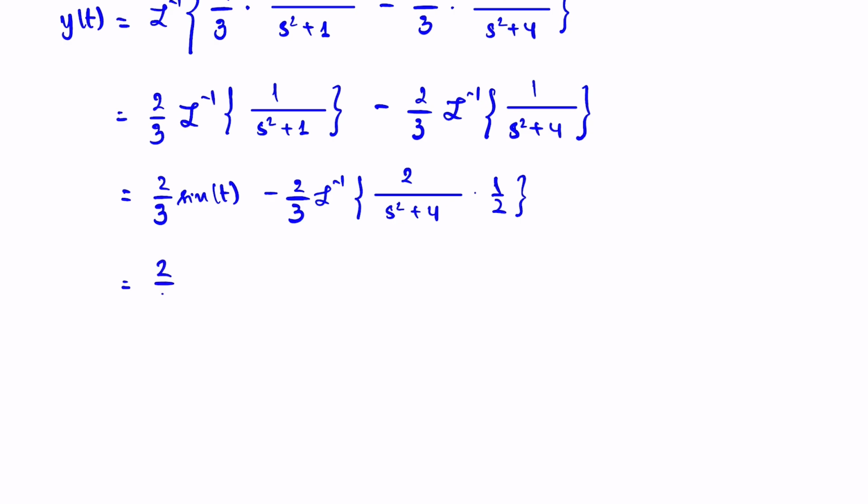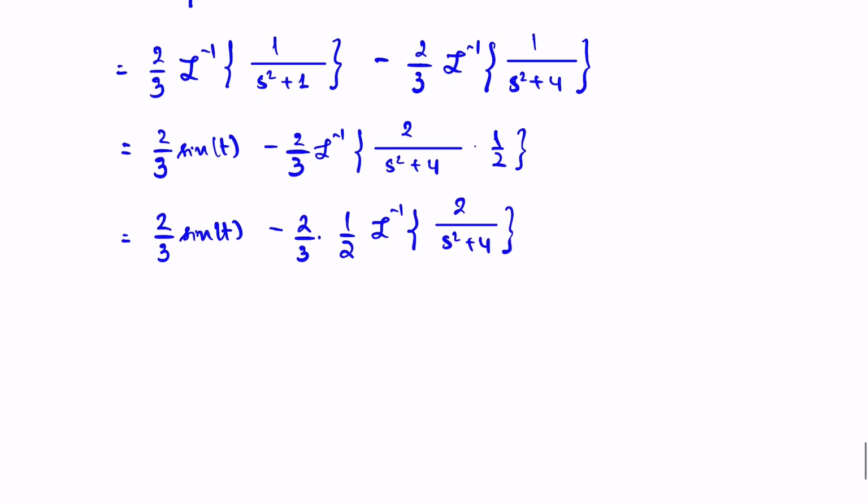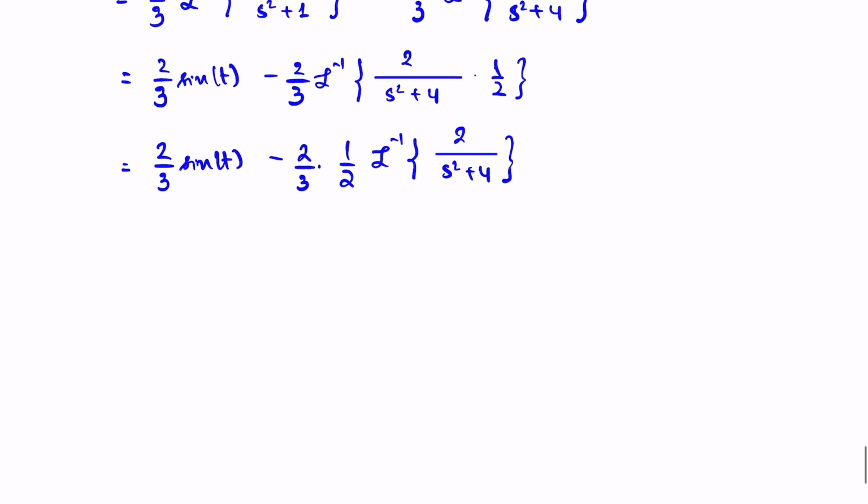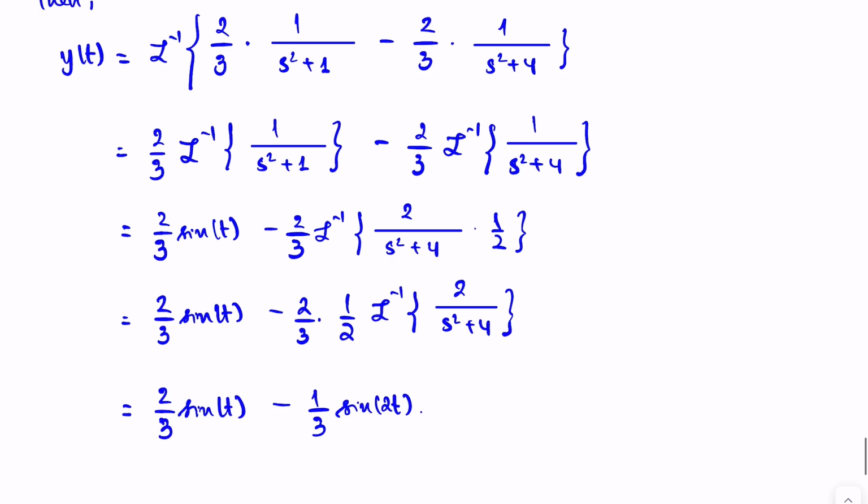And you get 2/3 times psi of t minus 2/3 times 1/2 times the inverse Laplace transform of 2 over (s squared plus 4). And 2/3 times 1/2 is 1/3. The inverse Laplace transform of 2 over (s squared plus 4) is going to be psi of 2t. Okay, so that's the solution of this initial value problem.